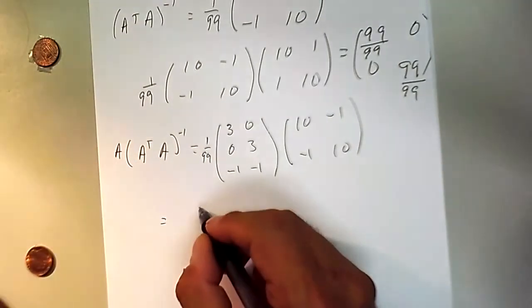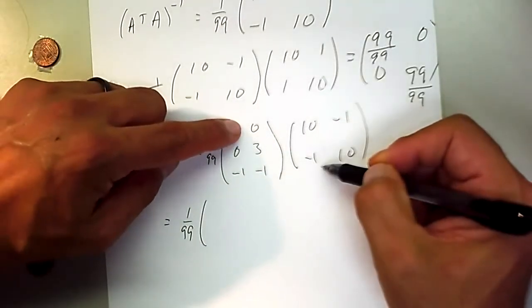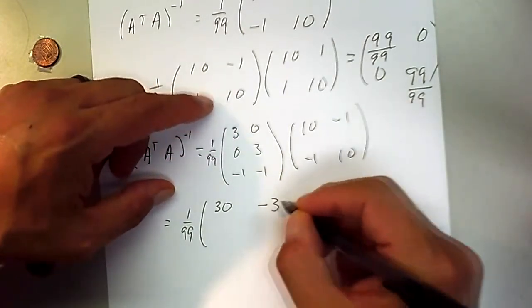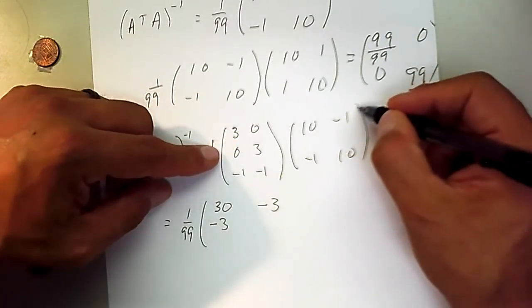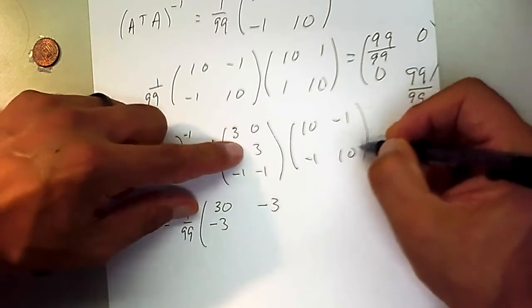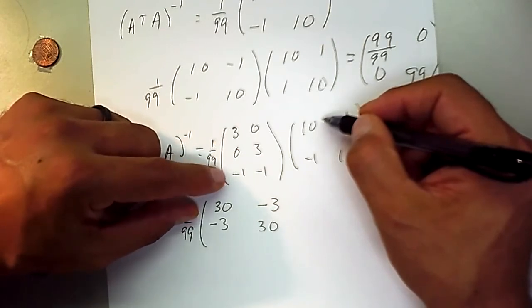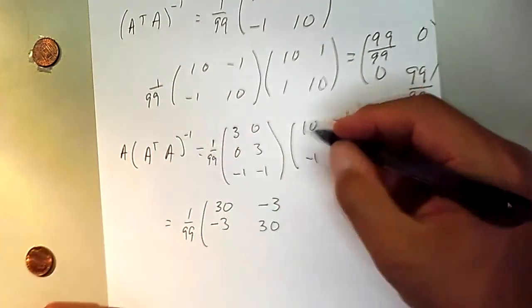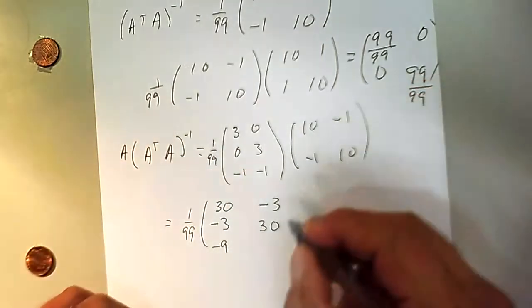Okay, so let's figure this out. So that's going to be 1 over 99, keep it out, and then we have 30 and negative 3 and negative 3 again, and 30, and boy, that's going to be, so negative 10 plus 1, negative 10 plus 1, negative 9, 1 minus 10, negative 9 again.